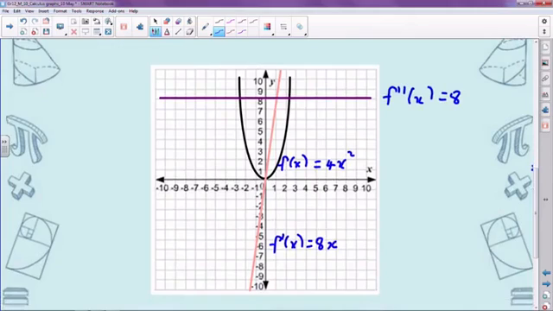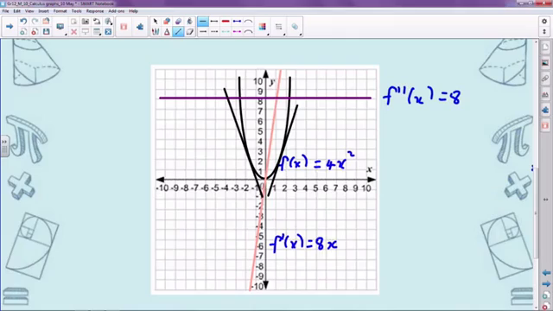Now, if I were to draw tangents to f of x to the left of 0, you can see that your graph is turning at the point 0, 0, right? So if I were to draw tangents to the left of 0, 0, I will see that my tangents have a negative slope. That tells me that my graph will be decreasing.